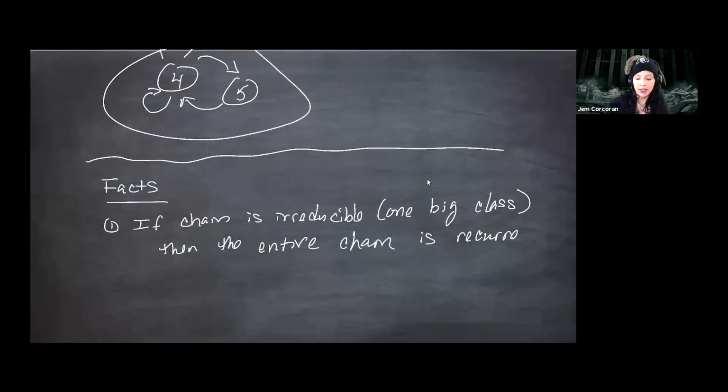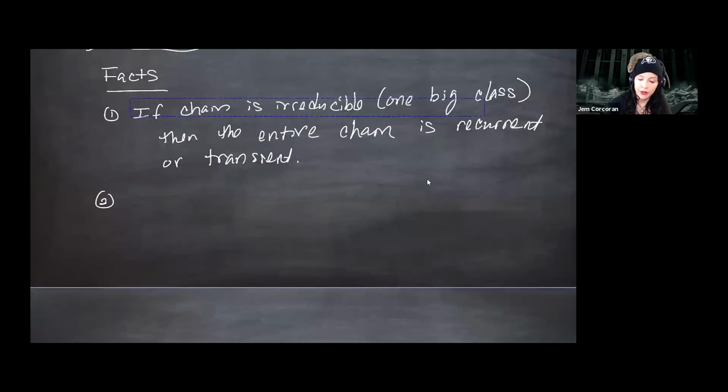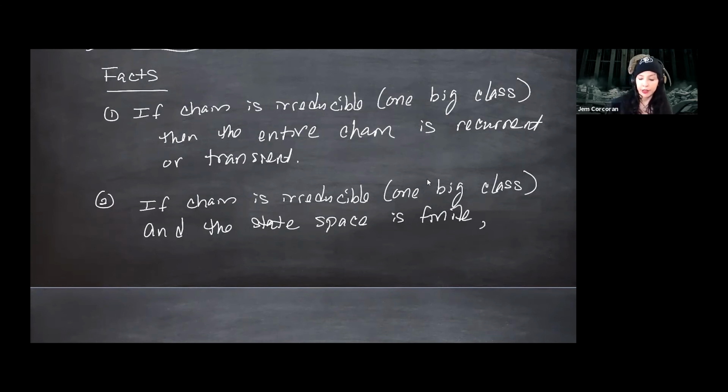And the second thing is if the chain is irreducible and the state space is finite, then it's definitely recurrent because there's no place to escape forever. And the state space is finite, the chain is definitely recurrent.